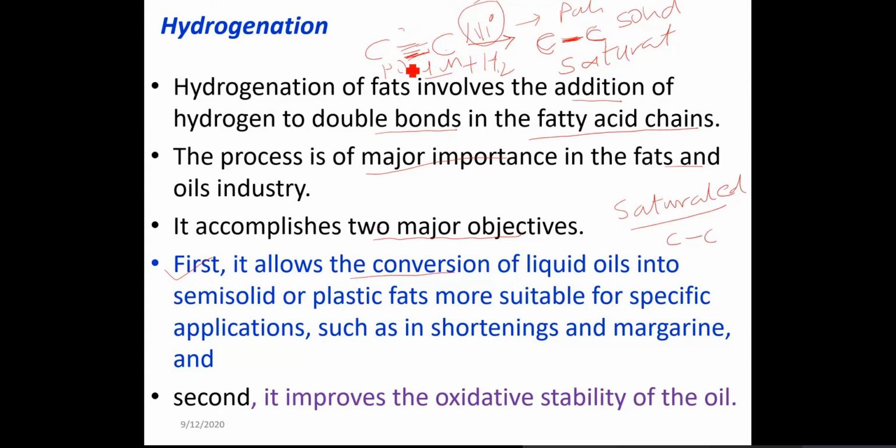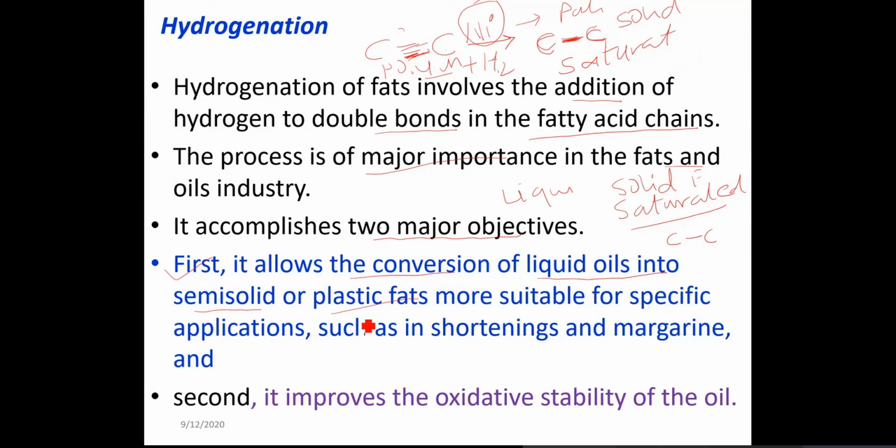So we are converting a liquid oil into a solid fat, or you can also convert it into a semi-solid or plastic fat, as per your own consistency.